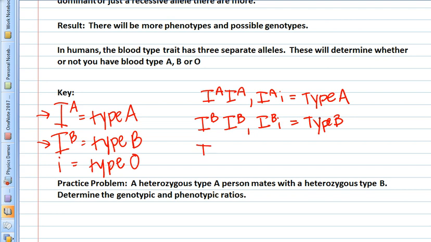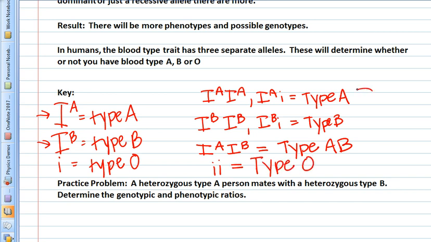Then, as I was saying, A and B are codominant. So when they are together, we see a combination, or type AB blood. In order to have type O blood, you need to have 2 little i's.